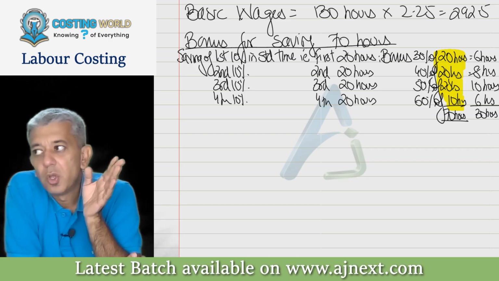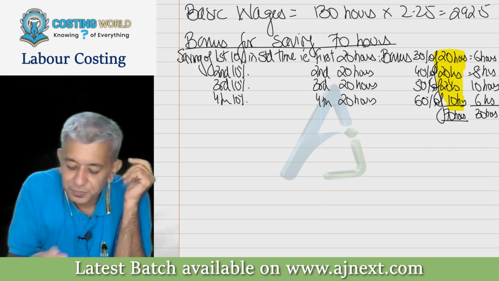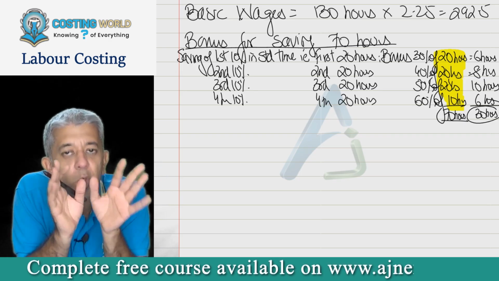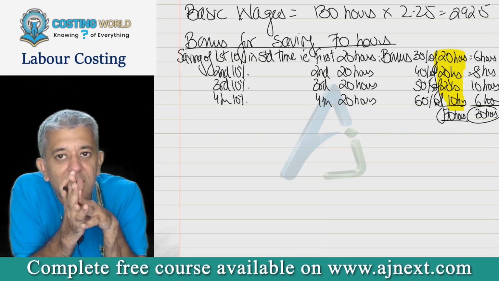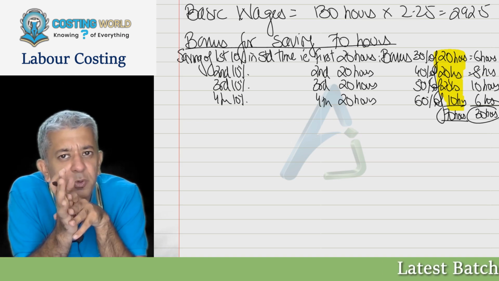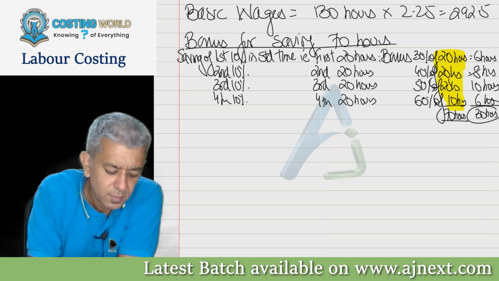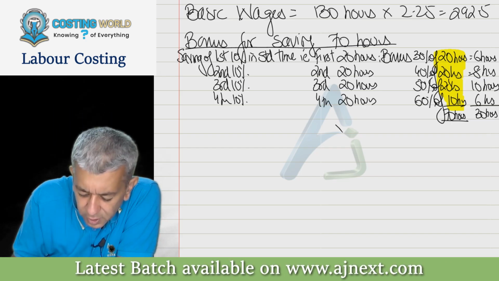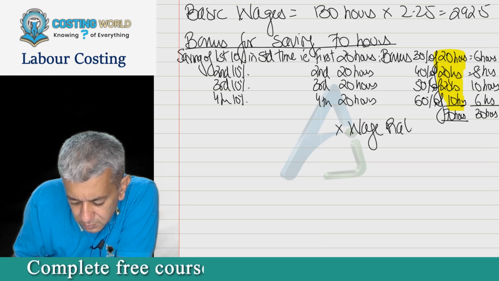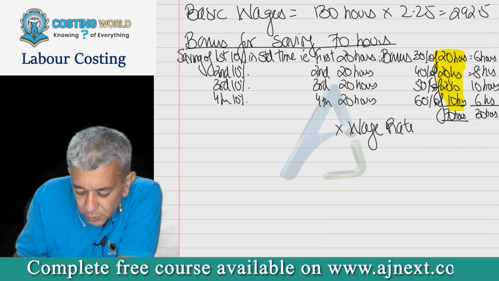Now see, you cannot tell a worker, take 30 hours, go. Boss, give the bonus for 30 hours. So this 30 is in terms of hours. To convert that into rupees, you will multiply by 2.25, no? Yes, sir. So into wage rate 2.25.